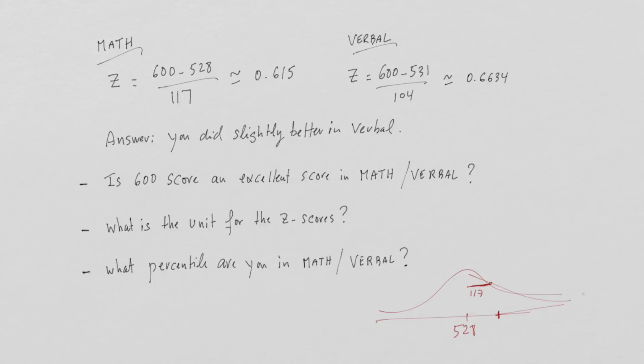So this is one standard deviation, right? 528 plus 117 is whatever, 645. Okay. In math, the z-score is 0.615. This is one standard deviation. So 600 is actually just slightly better than more than half, so it's here.